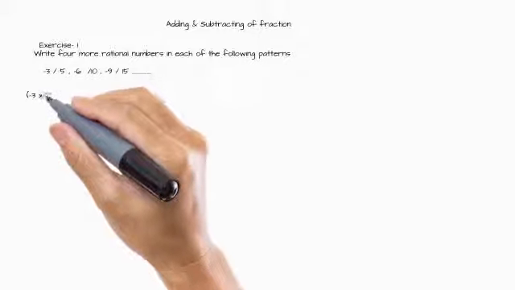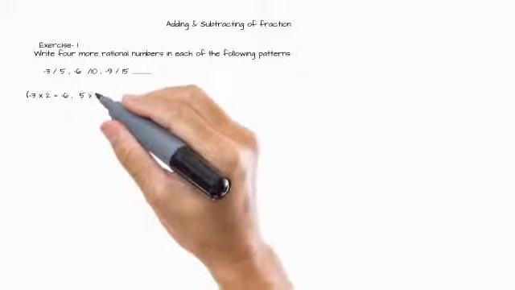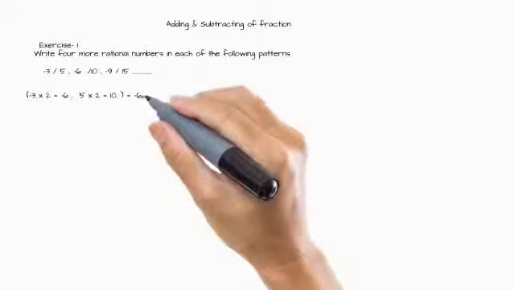The numerator of -3/5 is -3 and the denominator is 5. Numerator -3 times 2 equals -6, and denominator 5 times 2 equals 10. Here the numerator and denominator are multiplied by 2. Then the answer is -6/10.